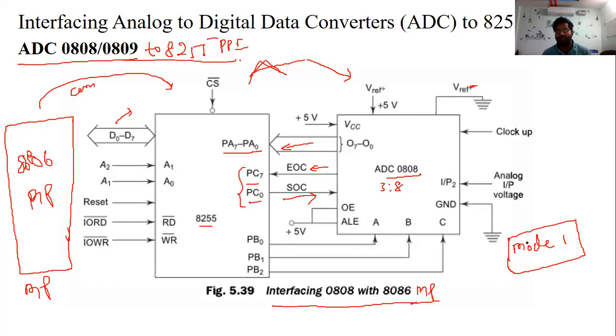That's why mode 1 is possible, or mode 2 is also possible. Preferably you connect the ADC in mode 1 because it requires a controlling or handshaking signal that will be supplied by the port C signals.